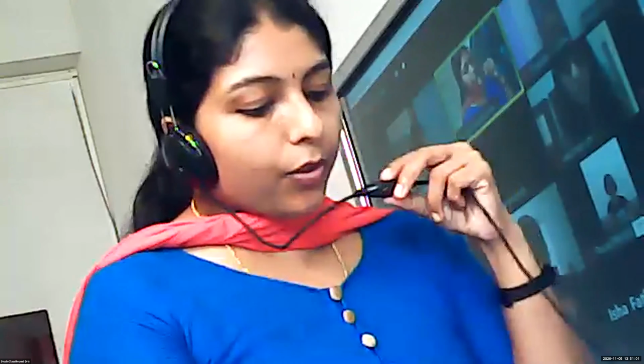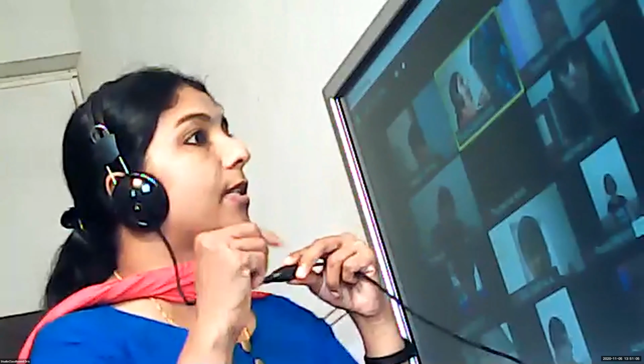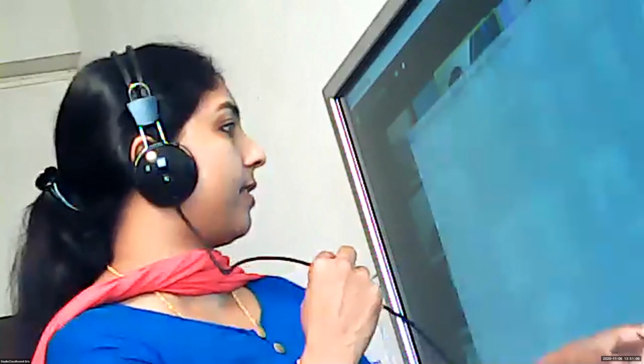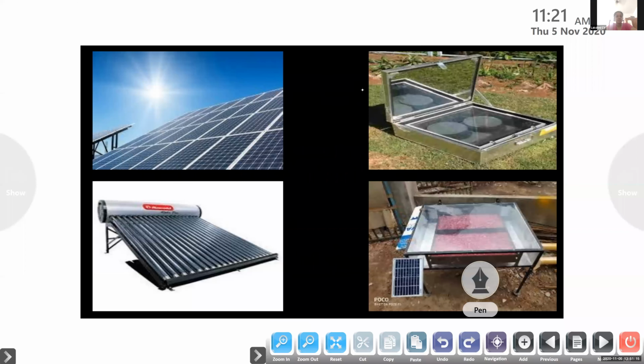Solar energy trapped from the sun can be used in solar cells to produce electricity.